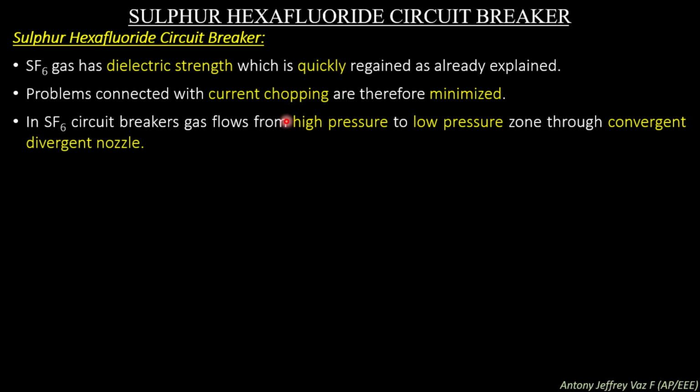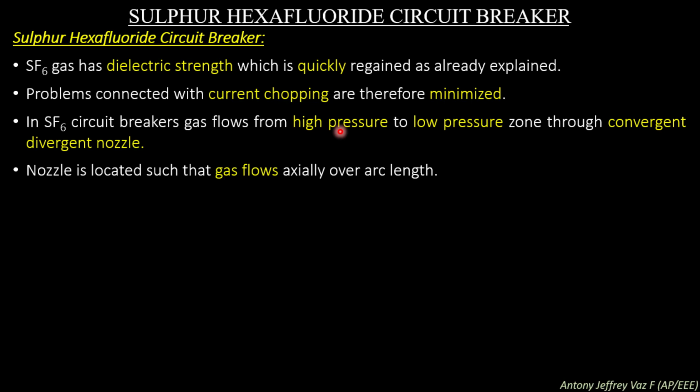In an SF6 circuit breaker, gas flows from a high pressure to a low pressure zone through a convergent divergent nozzle. This nozzle helps to create a high pressure at current zero position and a very turbulent flow of gas from the high pressure area to the low pressure area.